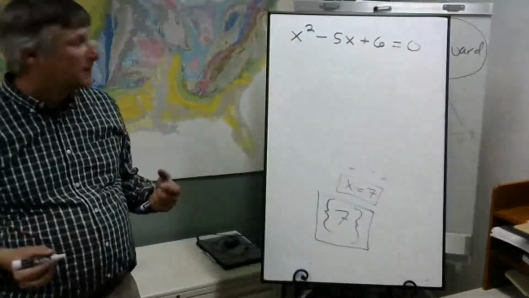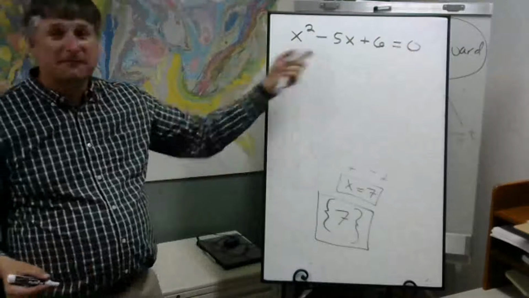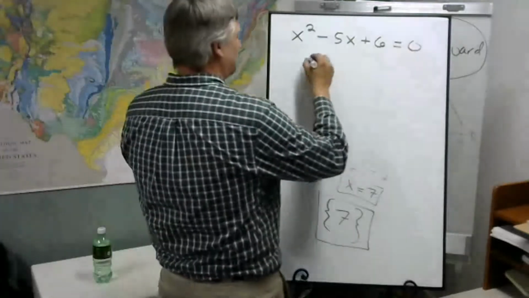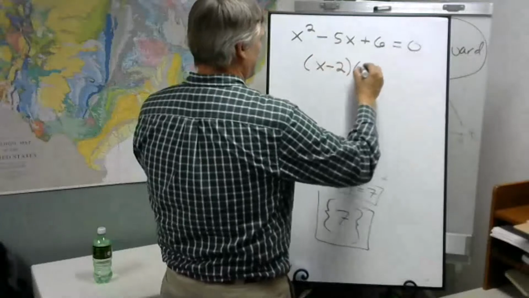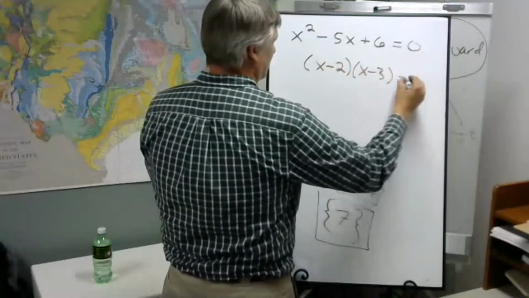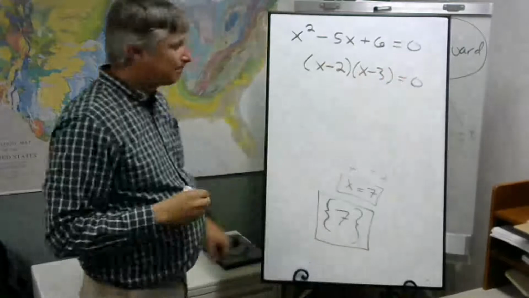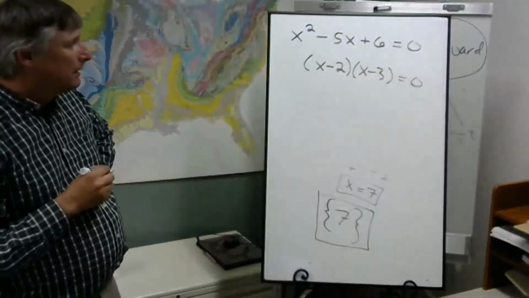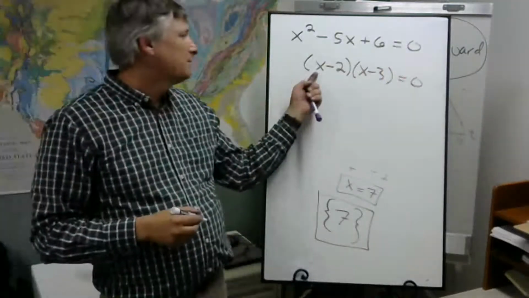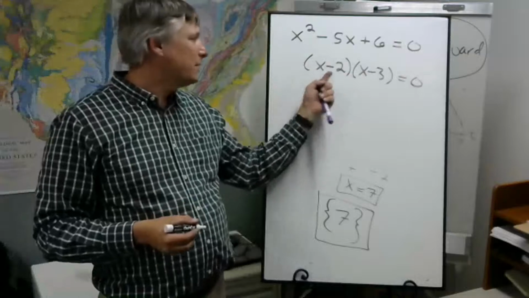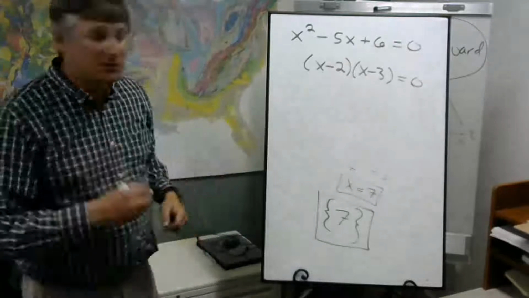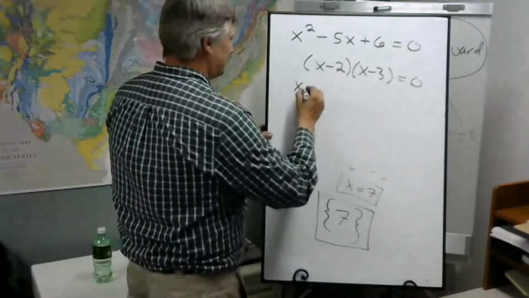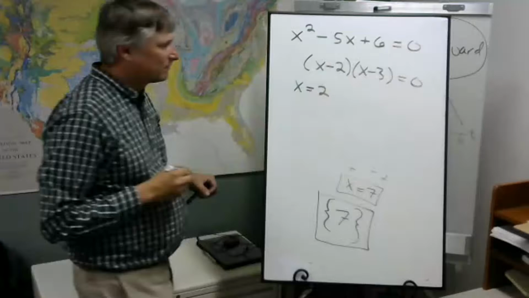So let's say we have this. Let's factor this. If we factor this, it becomes this. And in this case, if we let x be 2, 2 minus 2 is 0, this whole thing gets zeroed out. So one of the solutions is x equals 2.